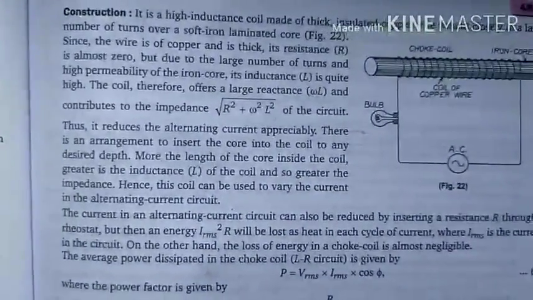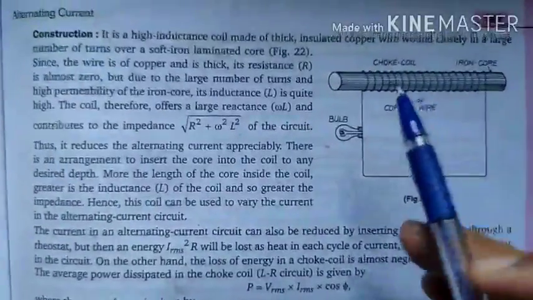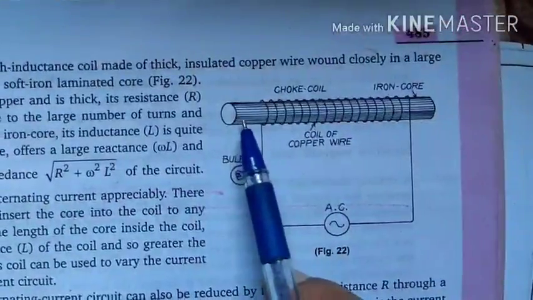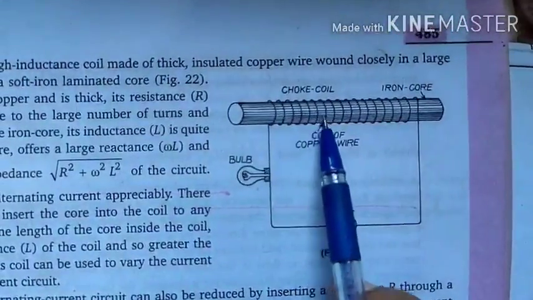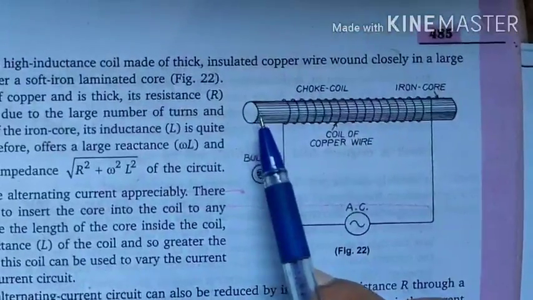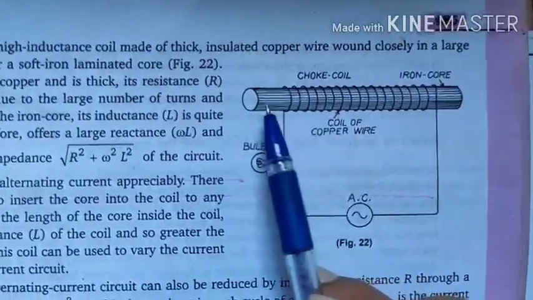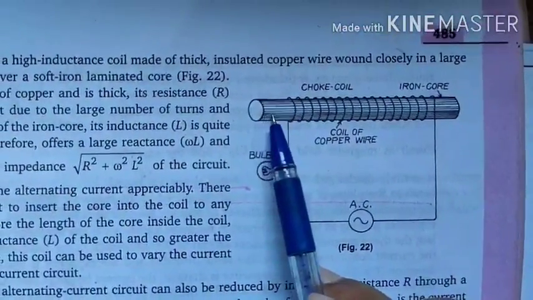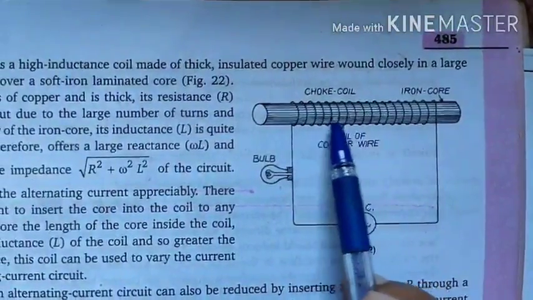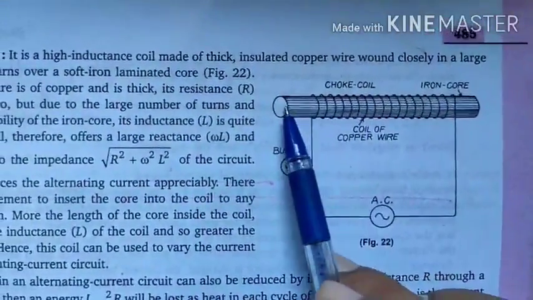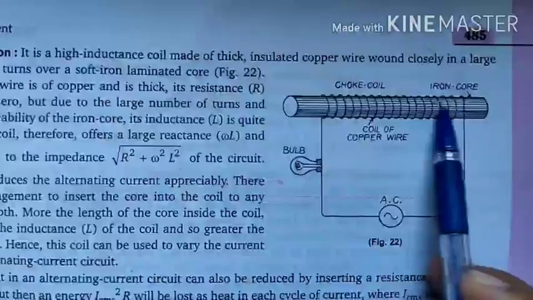There is an arrangement to insert this iron core inside the coil. We can put this iron core to any length inside the coil. Here the iron core is inserted completely.